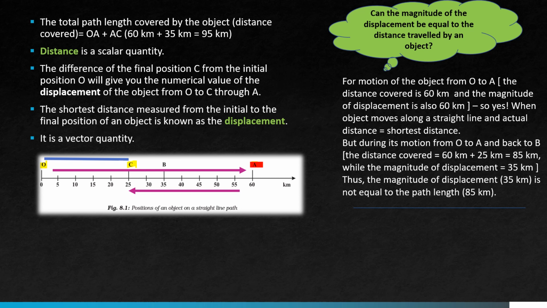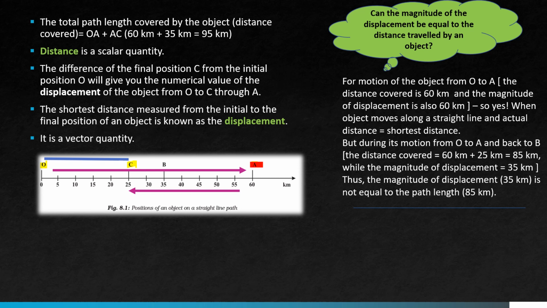Displacement will be 60 kilometers, right? So when the actual distance covered by the object and the shortest distance between the origin and the final position are the same, then in that case displacement can be equal to the distance of the body, right? But that has to be in a straight line. The object has to travel in a straight line in that case.